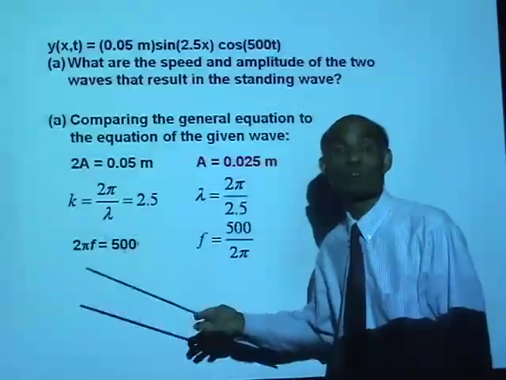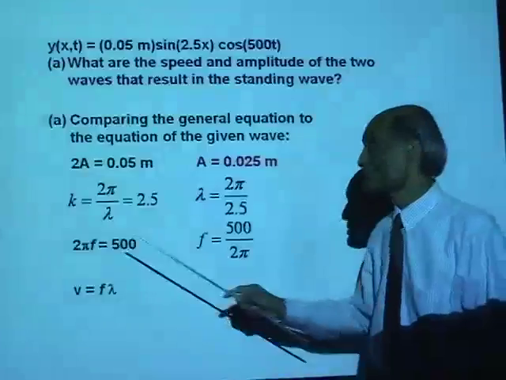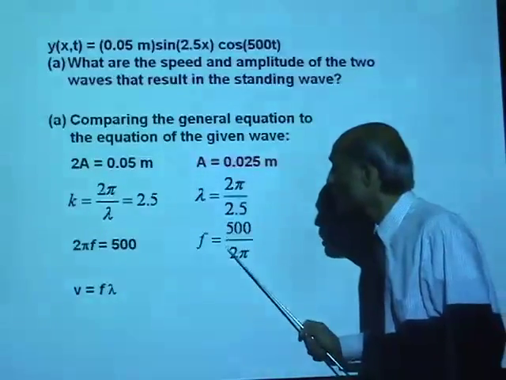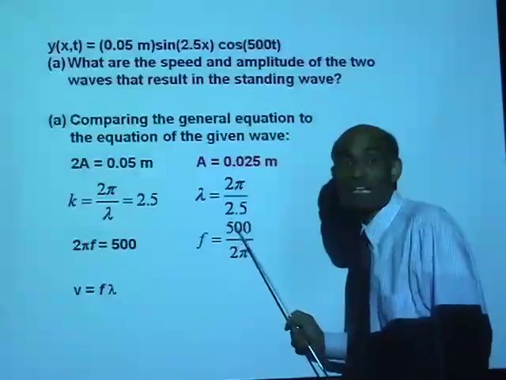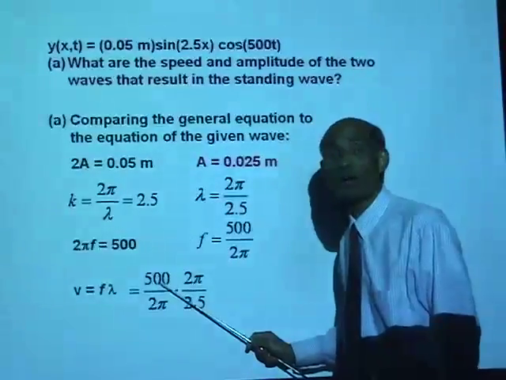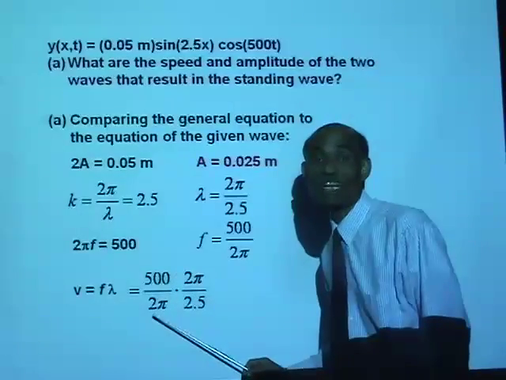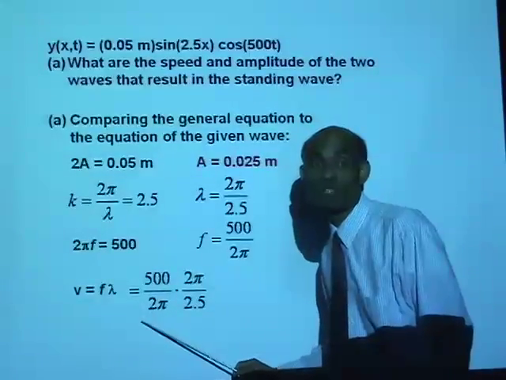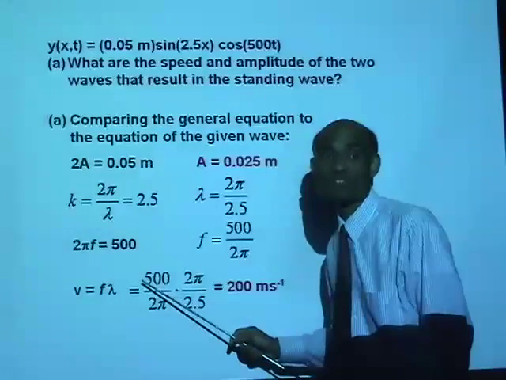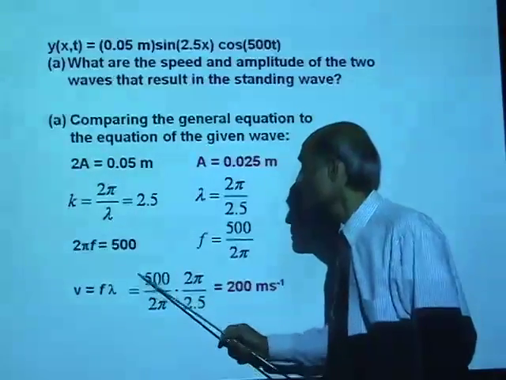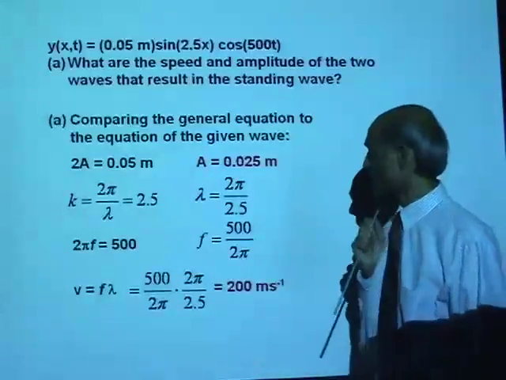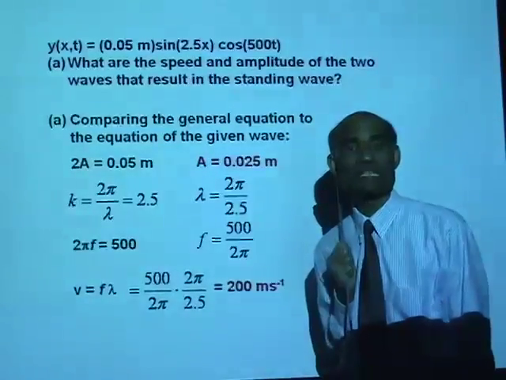V equal to f lambda. F is 500 over 2 pi. Lambda is 2 pi divided by 2.5. There you are. And you know why I did not calculate those values. You can see 2 pi and 2 pi will cancel in both cases. Therefore, V equal to 500 divided by 2.5. That is 200 meter per second.